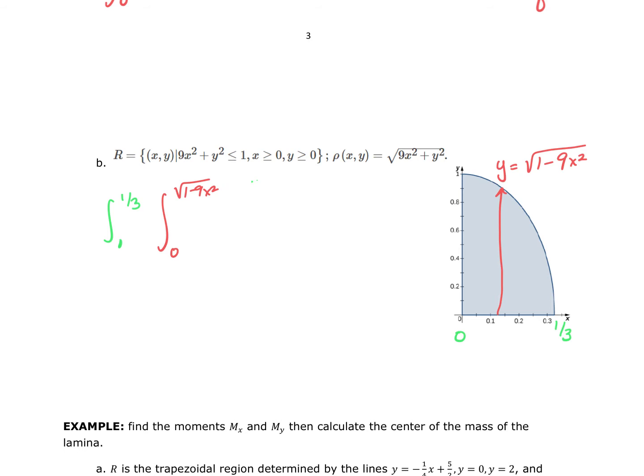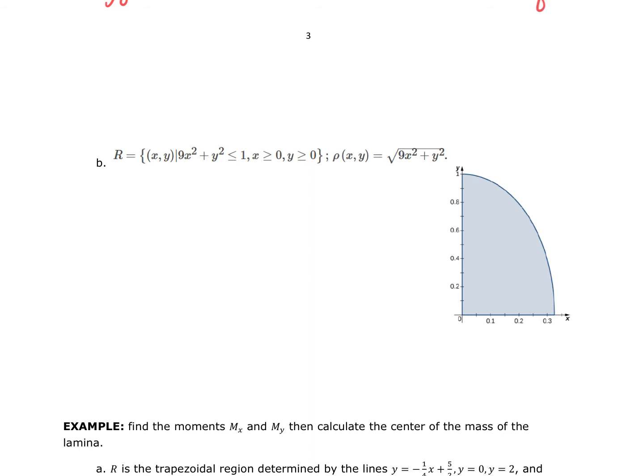Well, here's the thing. I have the square root of 9x squared plus y squared dy dx. And that's where it's not nice. So it just isn't nice. What I'm going to do then, since this isn't terribly nice in Cartesian, is I'm going to go into polar.